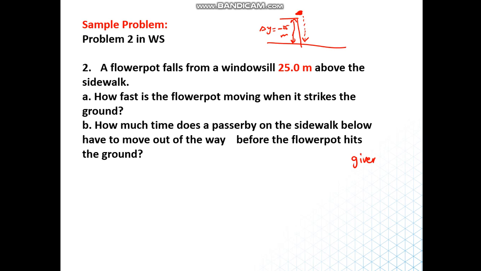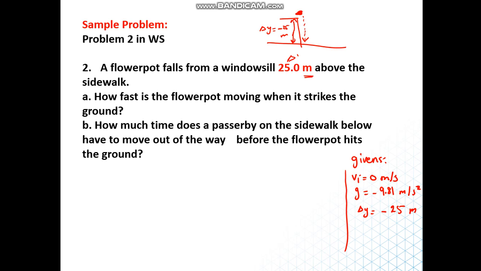In A, we need to calculate how fast the flower pot will be moving when it strikes the ground. So on the side here, I'll record the givens. V initial will be 0 for any dropped object, and the acceleration will be g, negative 9.81 meters per second squared.